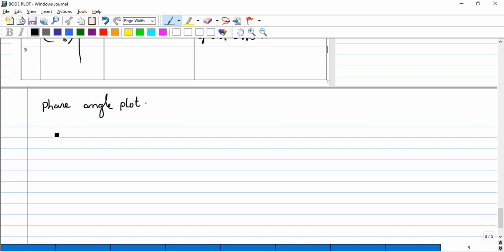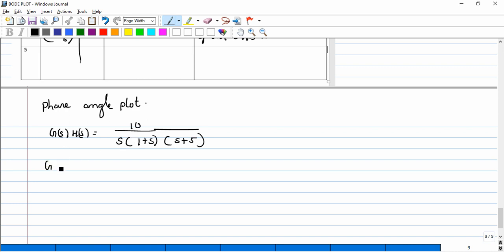Now let me consider the problem G of s H of s equal to 10 by s into 1 plus s followed with s plus 5. See, here we need not change to that particular value, so directly we can substitute.